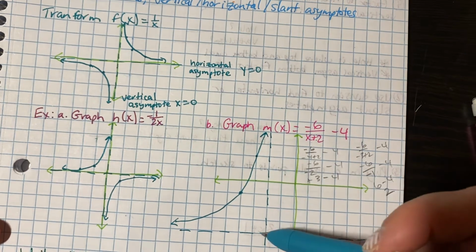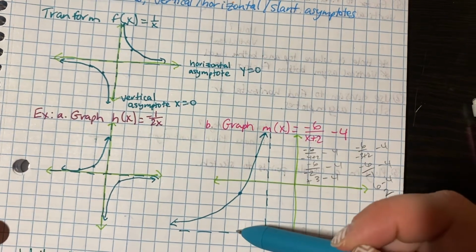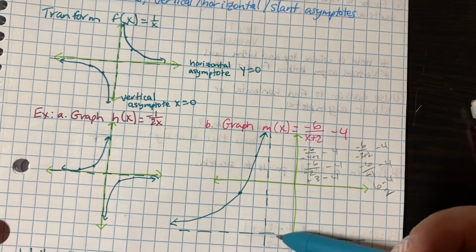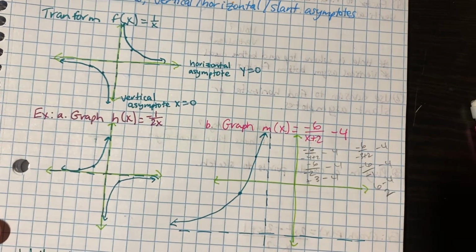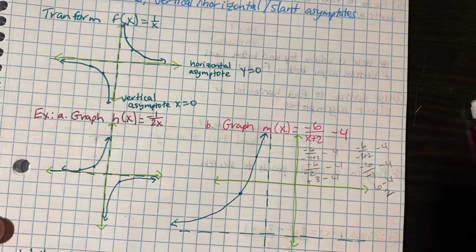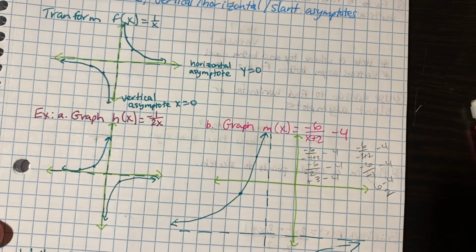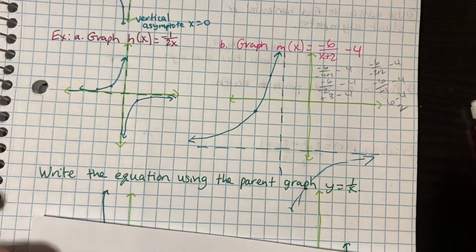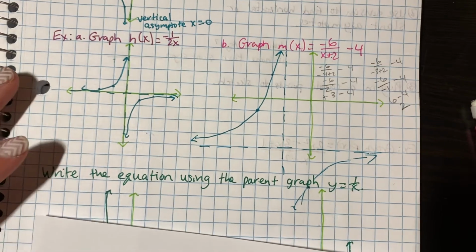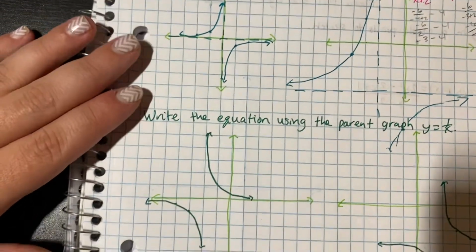So from this line, I would go over 1, 2, and up 1, 2, 3. So 1, 2, 1, 2, 3. So that would kind of be my point, which I would make my other part of my graph off of. Okay. But you can't even see it because I've taken over the graph below. All right, so that's a sketch of our parent graph.